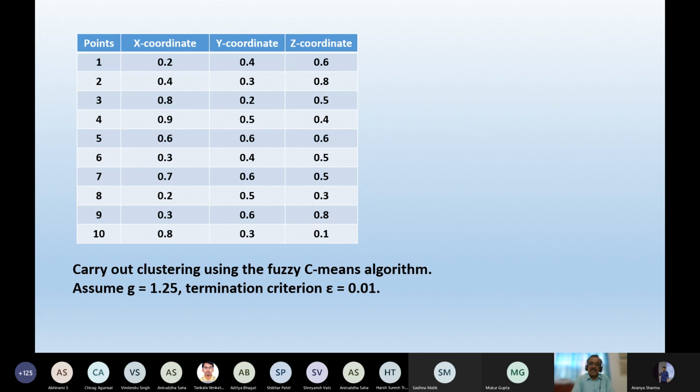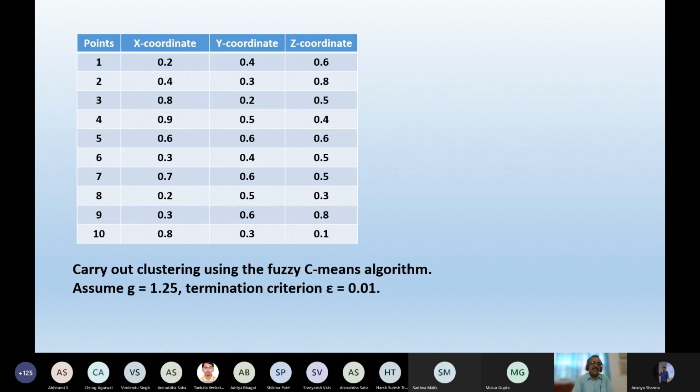Similarly, if you concentrate only on the first dimension, the first dimension of the first data point is 0.2. The first dimension of the second data point is 0.4. The first dimension of the third data point is 0.8. And similarly, the first dimension of the 10th data point is 0.8.